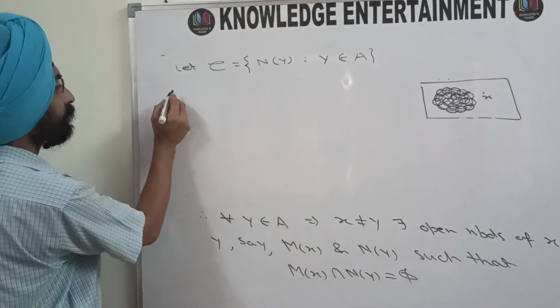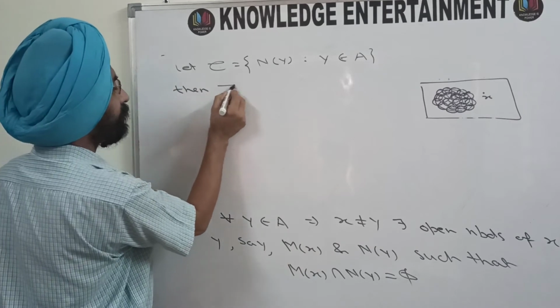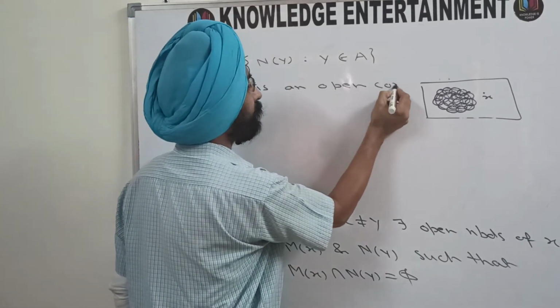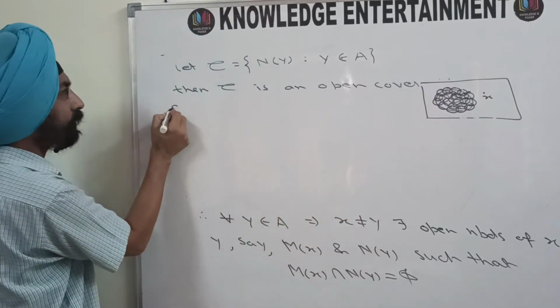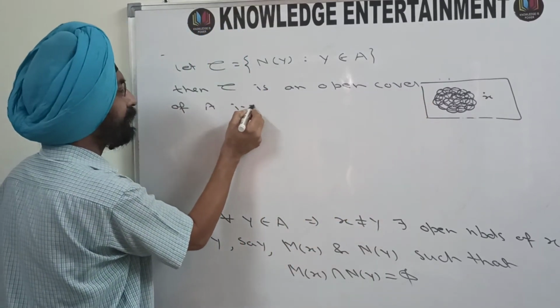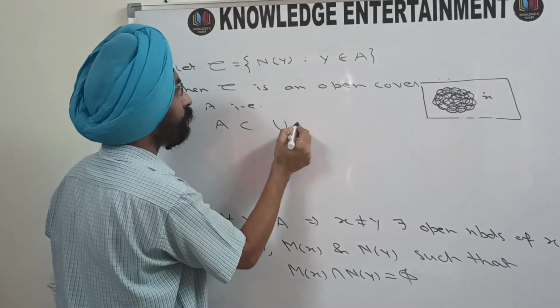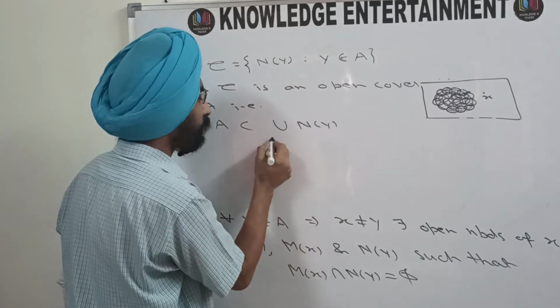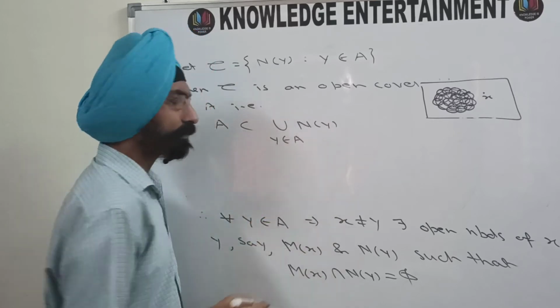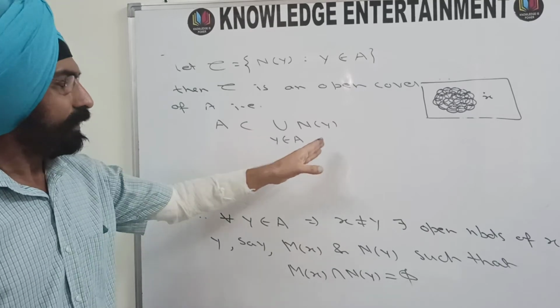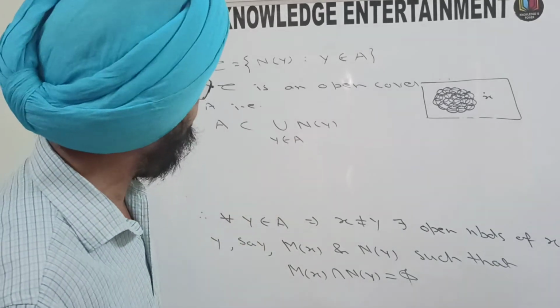Then C is an open cover of A. That means your A is covered by the union of these Ny's where y belongs to A. So A will be a subset of the union of Ny's.